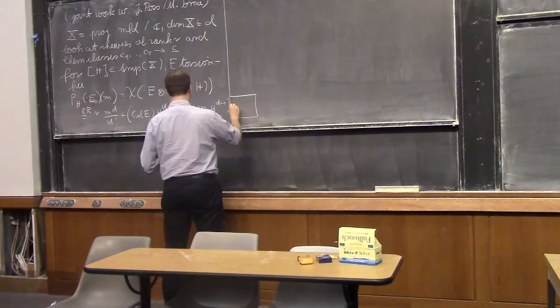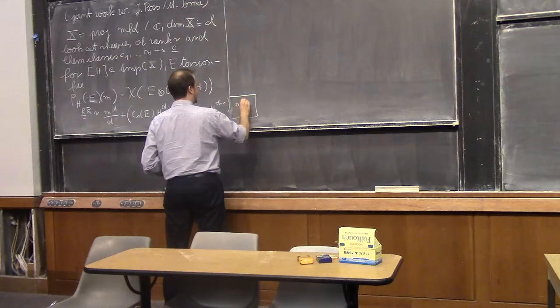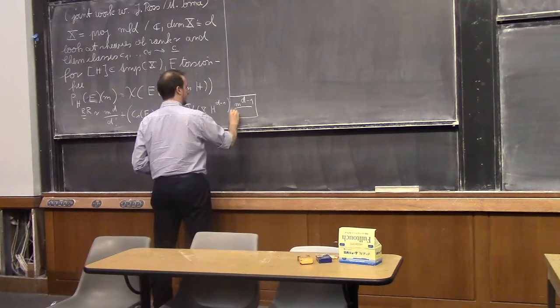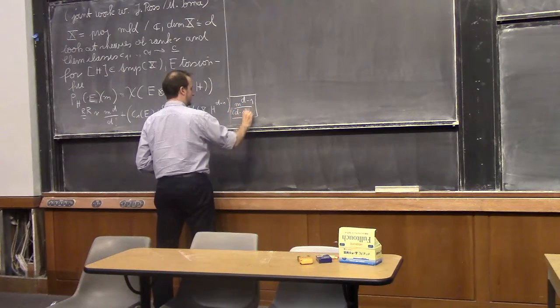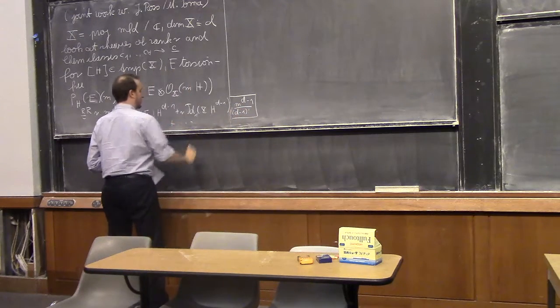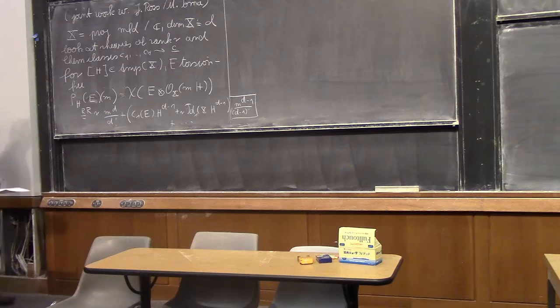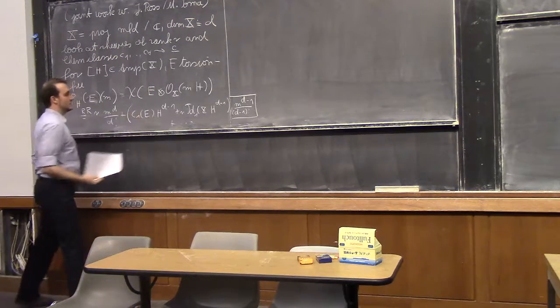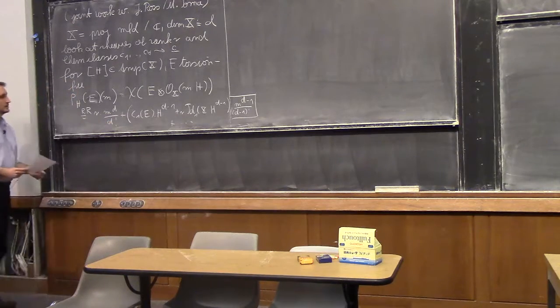That's the coefficient in front of m^(d-1) divided by (d-1) factorial, plus higher order terms where the coefficients involve the Chern classes of E and powers of H.